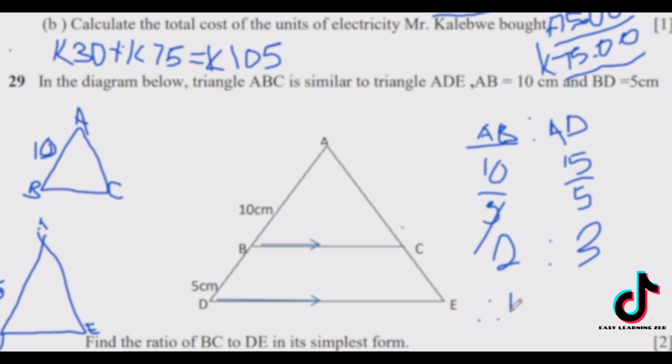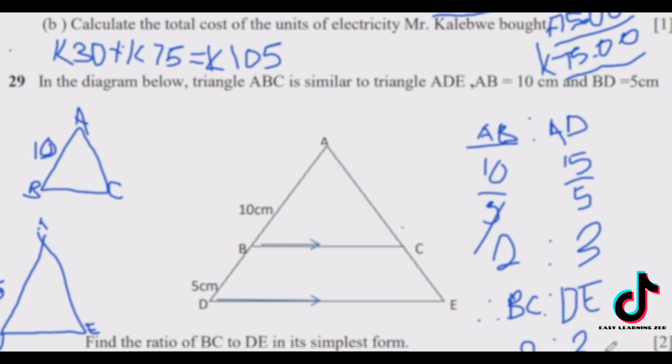So therefore we can say the ratio of BC to DE is 2 to 3.